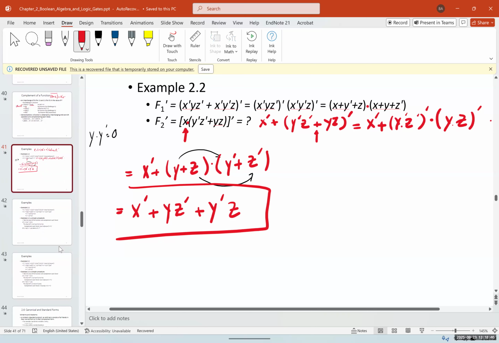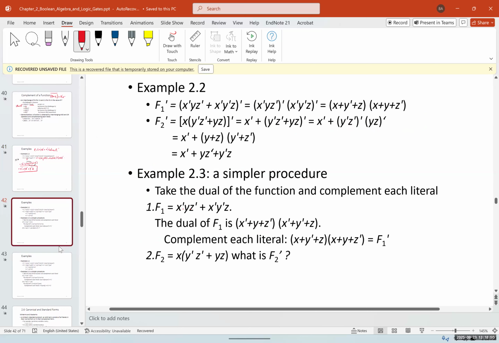There is also a simpler way to do that. It's to use the dual of the function, and then we complement each literal. So a simpler procedure is, for example, we find the dual, meaning all the ands are replaced with ors and all the ors are replaced with ands.